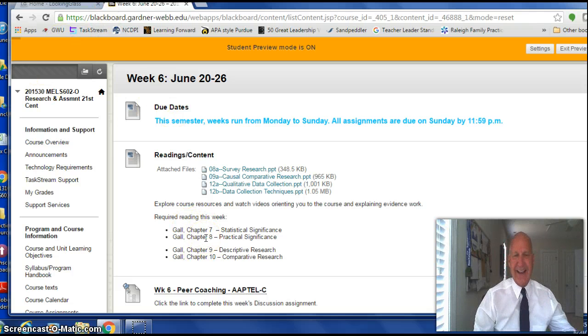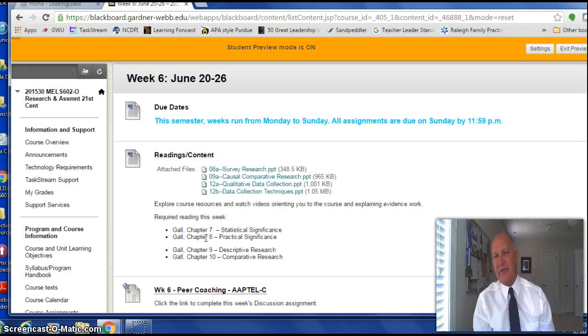Gall, again, has very detailed psychometrics here about statistical significance, practical significance, which I think is more important perhaps, descriptive research, that is looking at the mean, median, mode, our kids' average, and what does that mean, and comparative research.